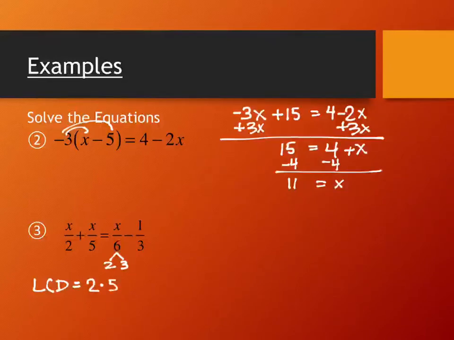There's a 5. I don't need to list the 2 that's there again because I already listed a 2. And there's a 3, and I only need to list it once because it's only inside of each of the values at most once. So if I multiply 2 times 5 times 3, what will I get? 30. 30 is considered our least common denominator.